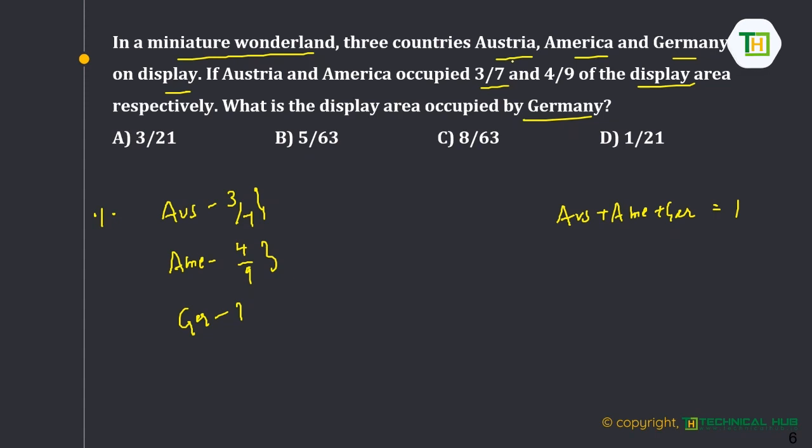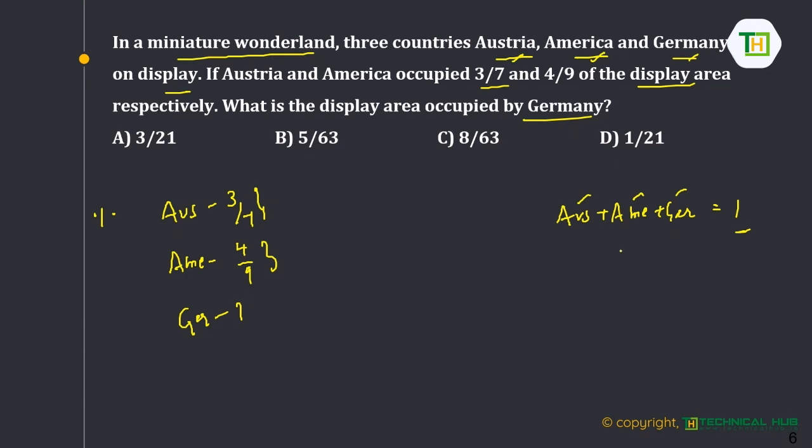I don't know the total area occupied by Australia, America and Germany, so I'm taking it as 1. You can take any value, but from a calculation point of view I'm taking 1. If you take 1, you will get the answer very simply. If you take 100 also, you will get the answer.